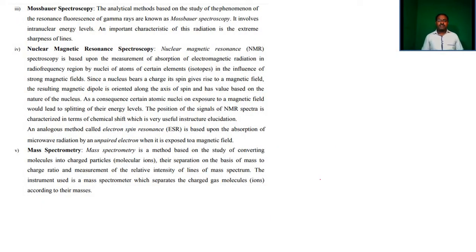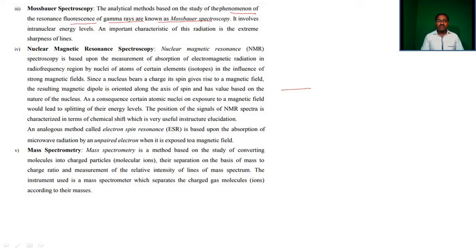Mössbauer spectroscopy is a very important analytical method based on the study of the phenomenon of resonance fluorescence of gamma rays. It involves intranuclear energy levels. An important characteristic of this radiation is the extreme sharpness of lines.